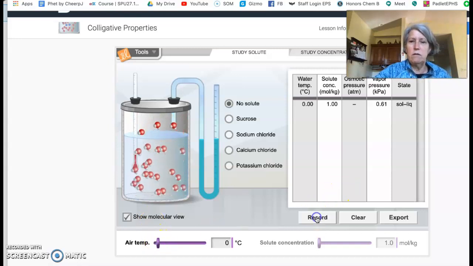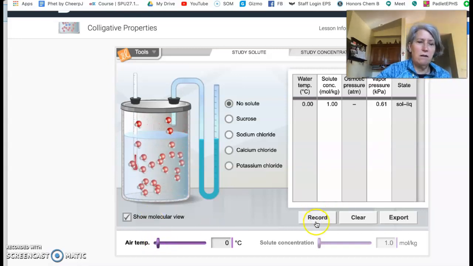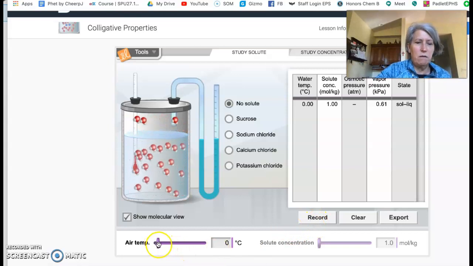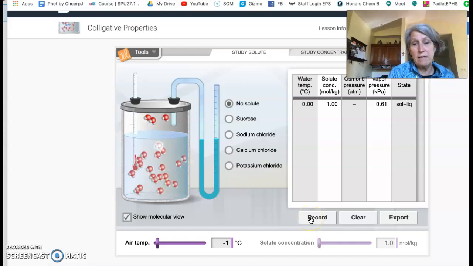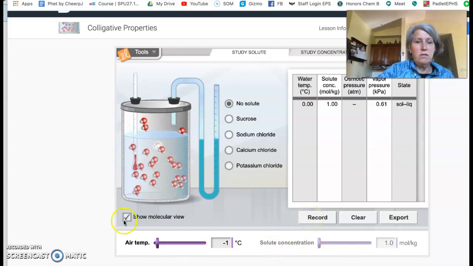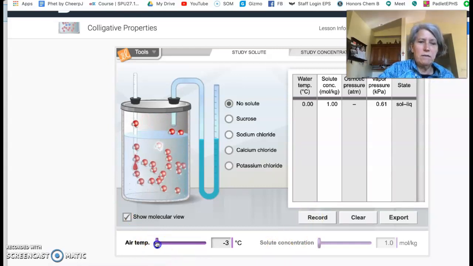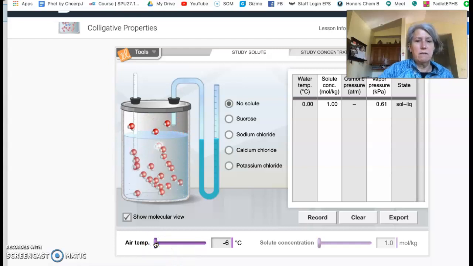Let's just hit record. Vapor pressure is there, but let's just go a little bit lower. Gotta go to -1. Okay, so there we go. We're starting to see some freezing happen in here. Okay, and just to help increase this, I'm going to go down to like a -6.